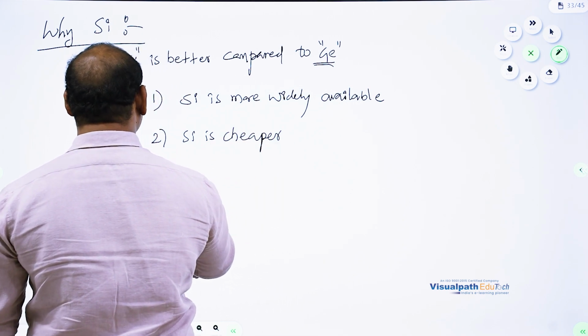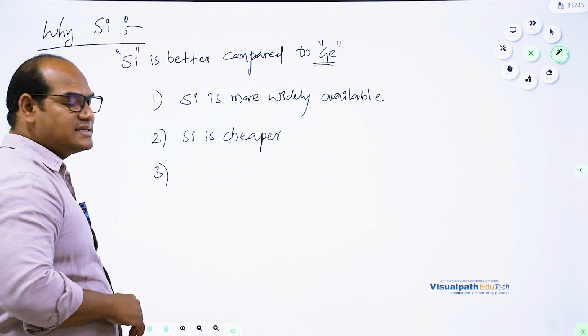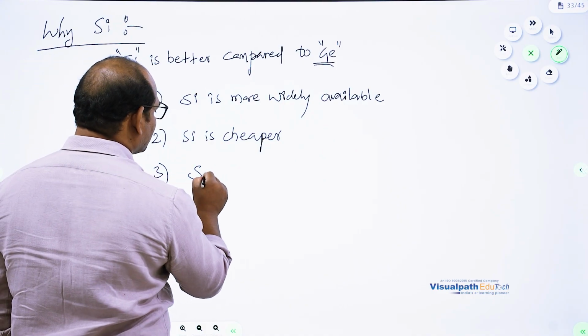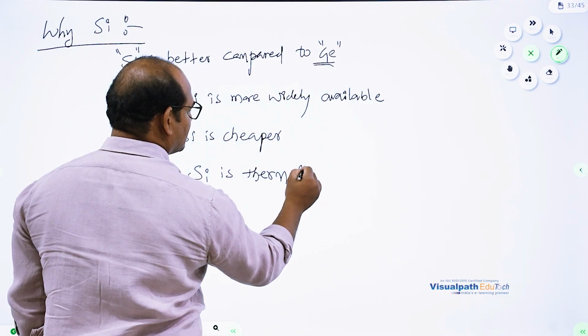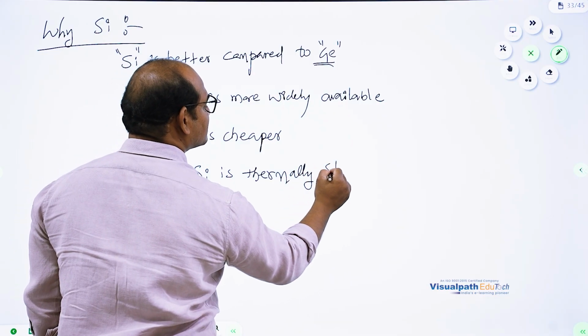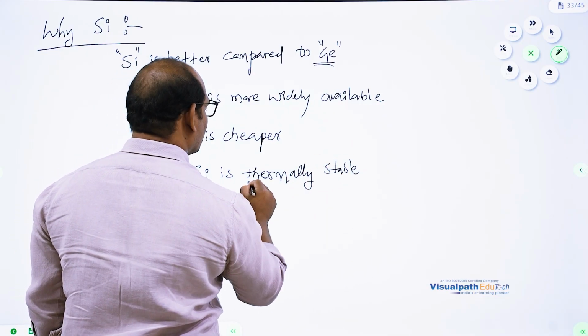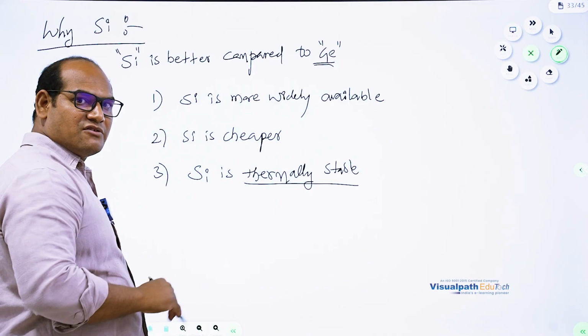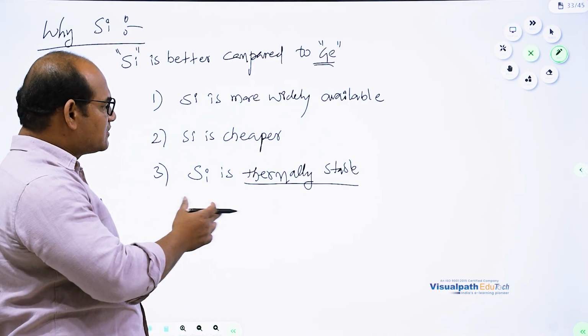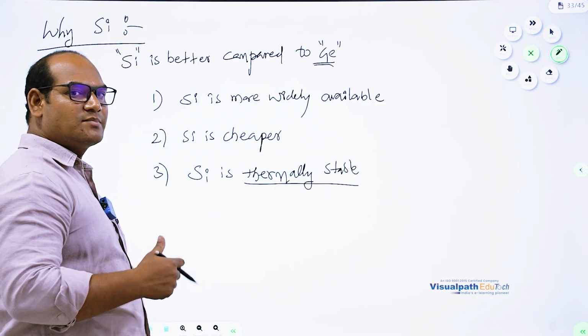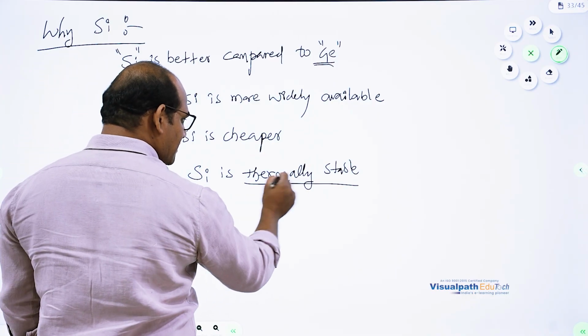Compared to these two reasons, there is another one, that is silicon is thermally stable. It is very, very important. What is the meaning of this? Further, when you study the p-n junction diode, you will get more clarity about this statement. Silicon is thermally stable means, thermally means temperature.